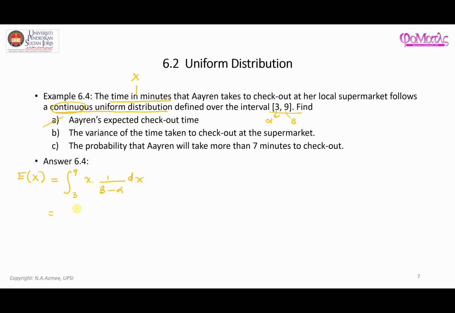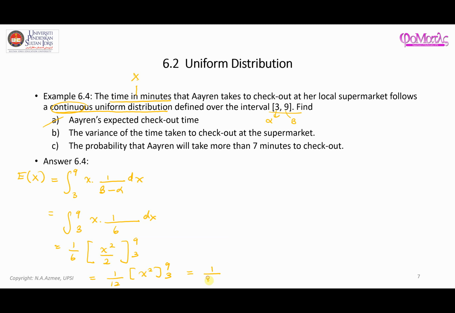So here we've got 9 and 3, and then we have x over 9 minus 3 which is 6, dx, so we have 1 over 6, and if you integrate x, you get x squared over 2, 9 and 3, and that becomes 1 over 12, x squared, 9 and 3.